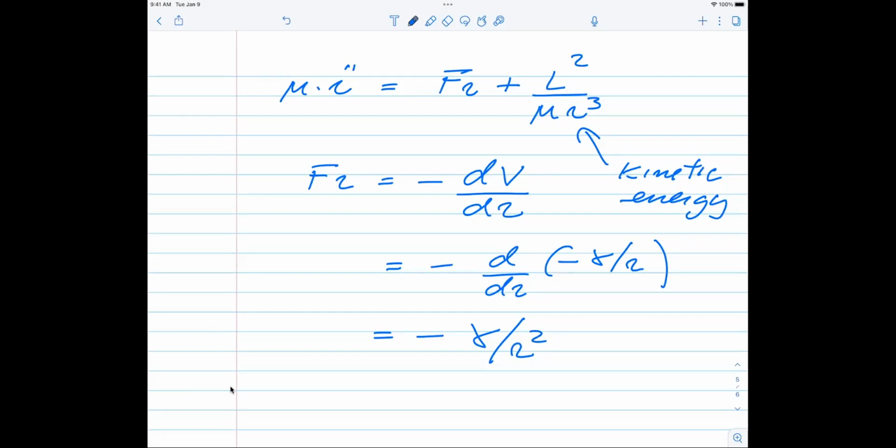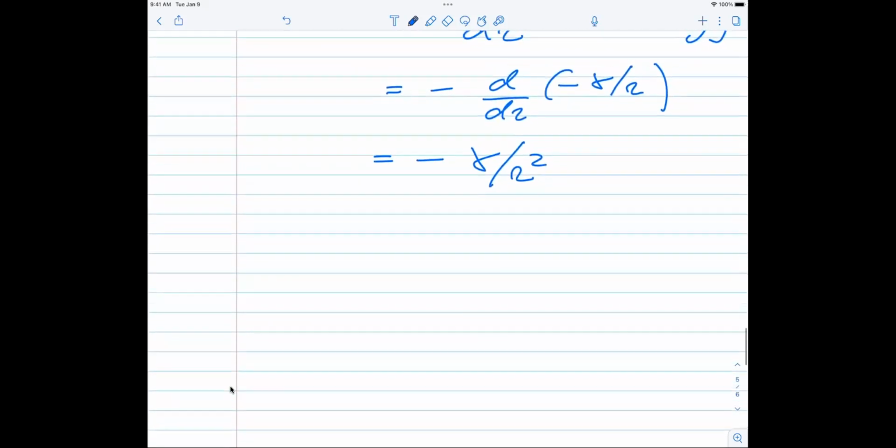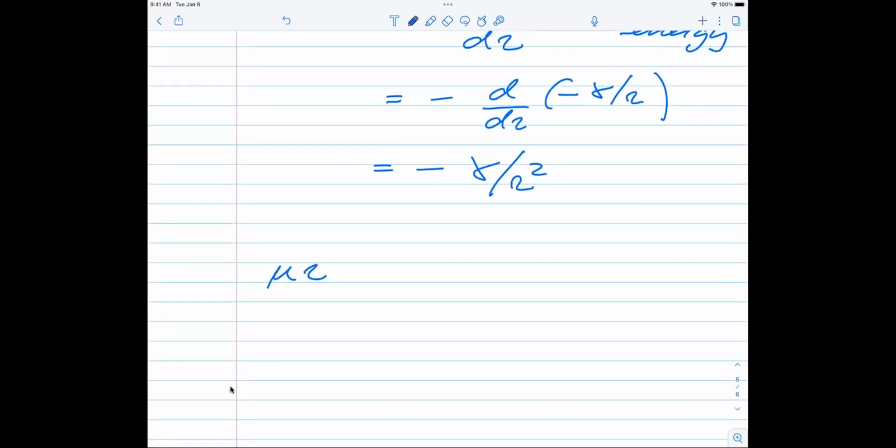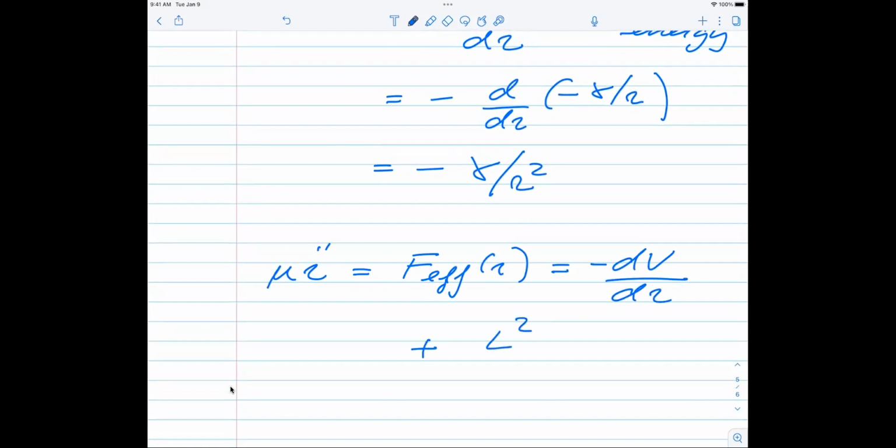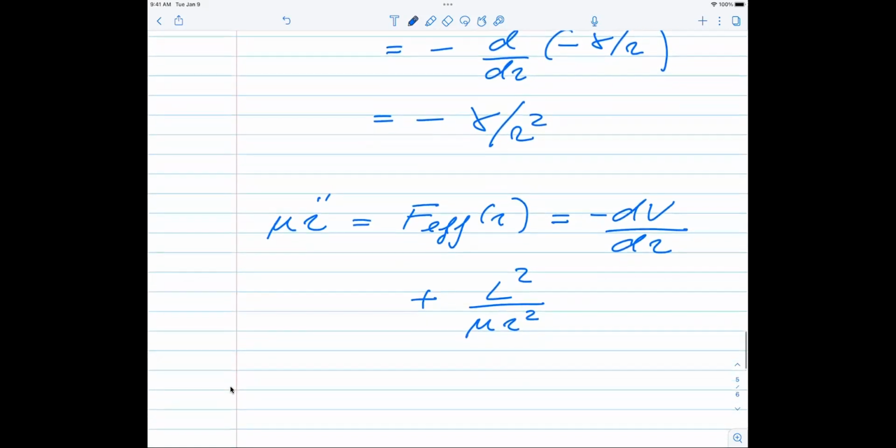So if we rewrite it, we have mu times R double dot, and we are going to call this an effective force of R. There are no vectors now because we have reduced the equations only to the radial degrees of freedom and its absolute value. Then we have a minus dV of dR plus this term which comes only from the kinetic energy.